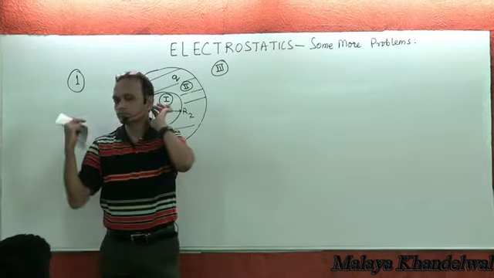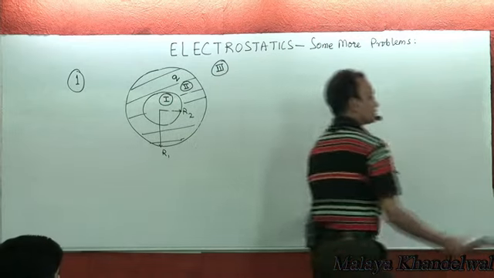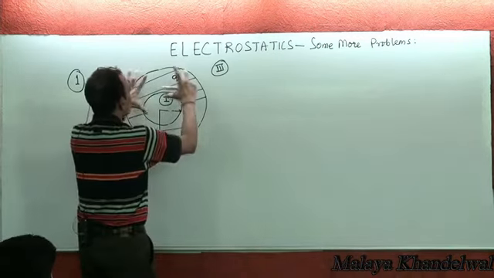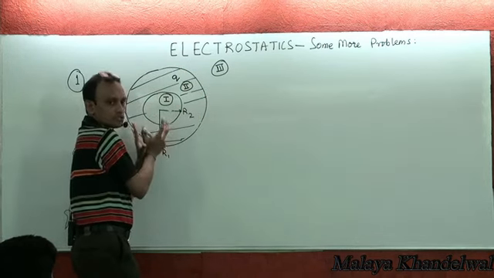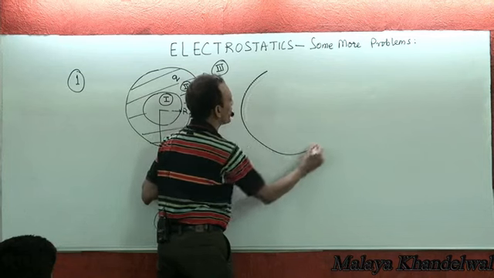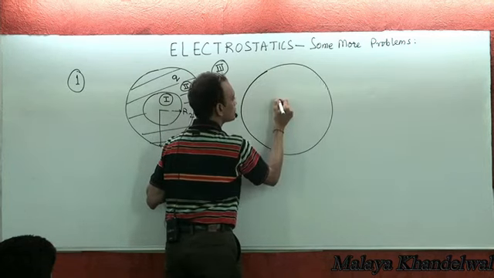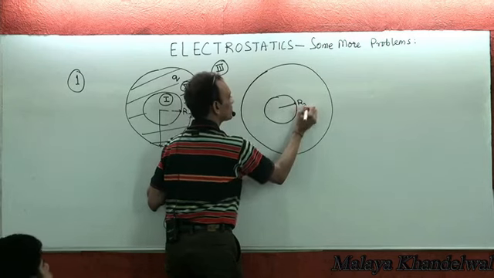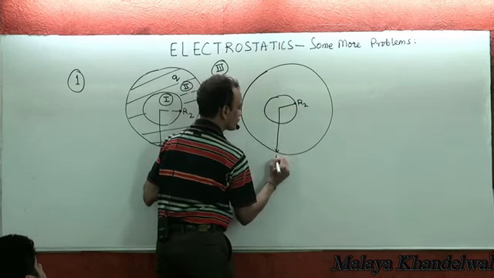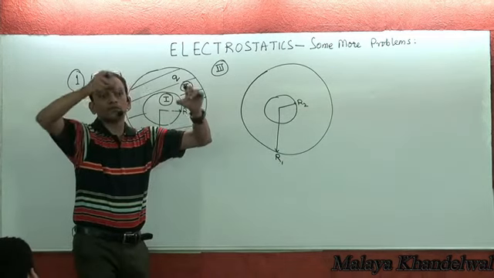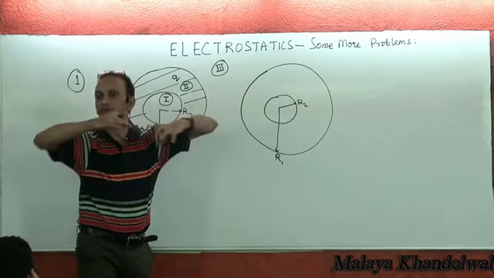Now, look, this uniformly charged region could be imagined to be composed of thin spherical shells.